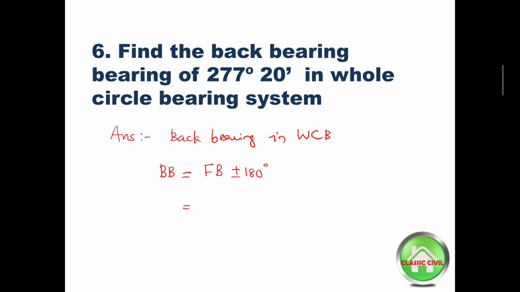Here the forebearing given is 277 degree 20 minute, which is greater than 180 degree. So use negative sign. That is forebearing minus 180 degree. That is 277 degree 20 minute minus 180 degree 0 minute.